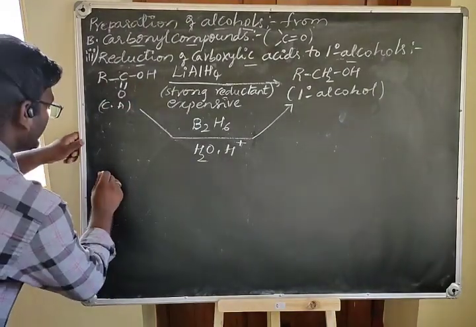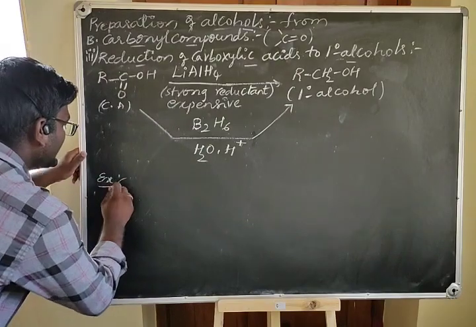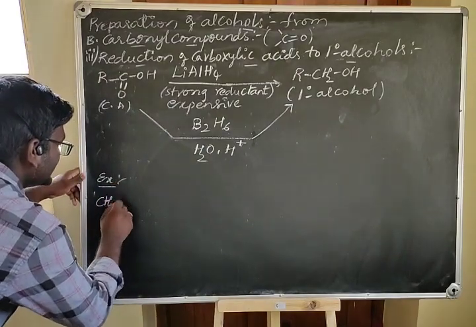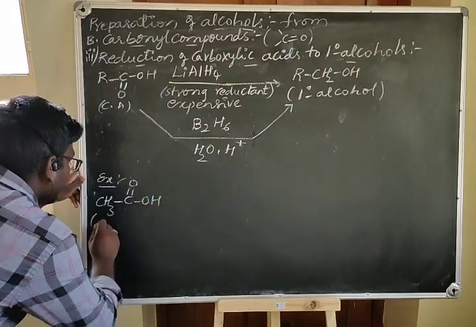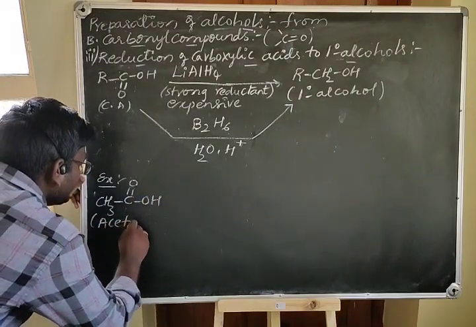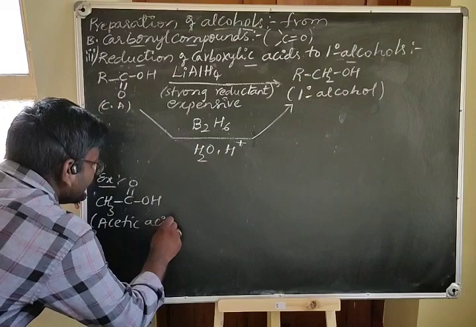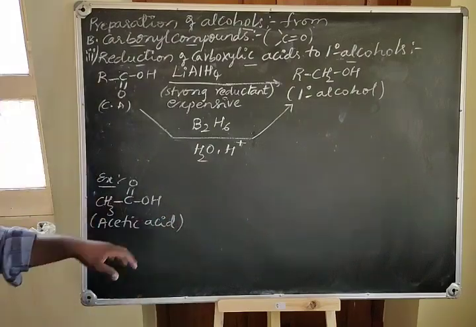Let's have an example. I have acetic acid, that is CH3COOH. In the IUPAC name, it is called ethanoic acid.